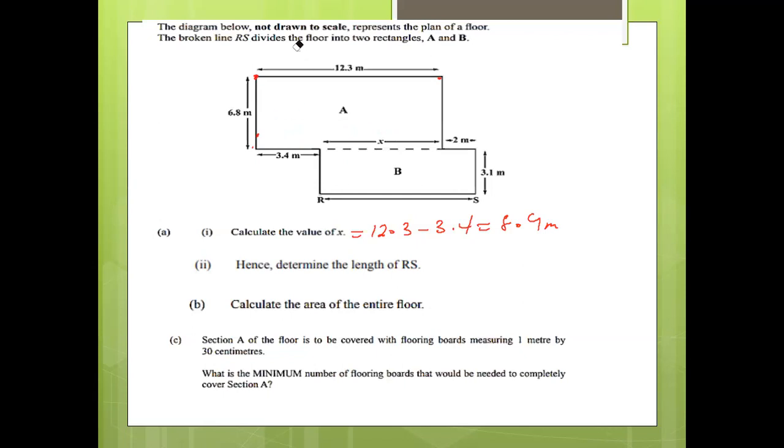RS. How do you find RS? How do we find RS?